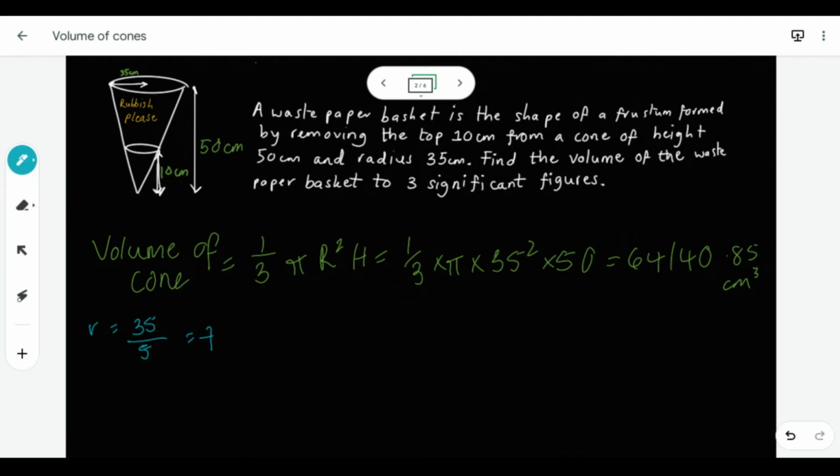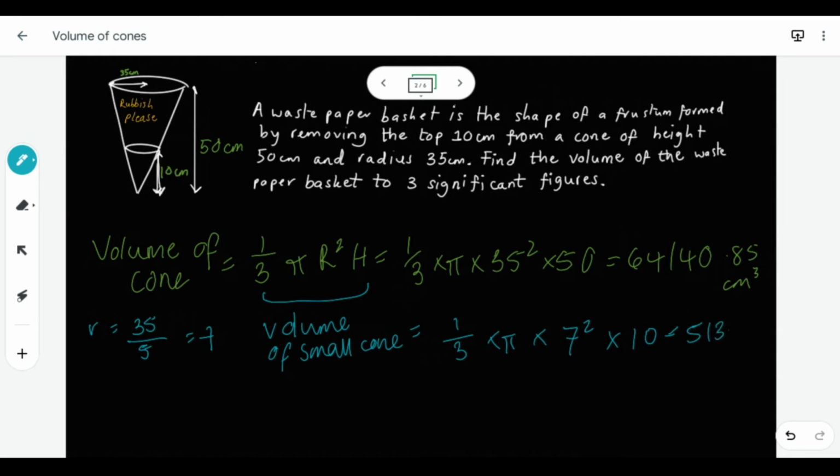So the volume of the small cone is just again the same formula, a third times pi times 7 squared this time, because that's the radius, times 10, because that's the height, and we get 513.126 centimeters cubed.